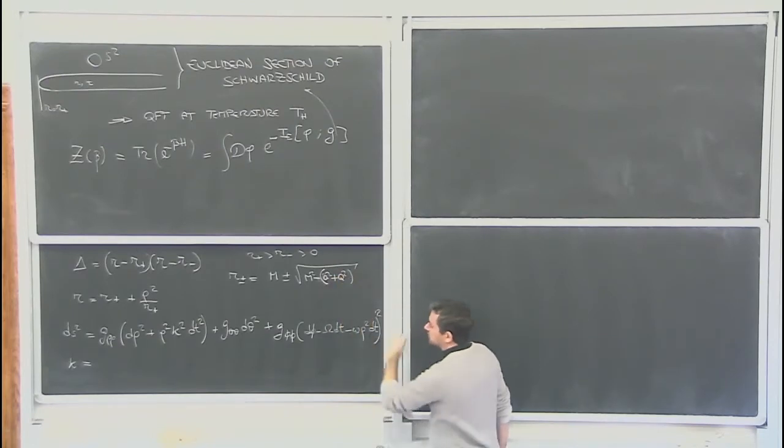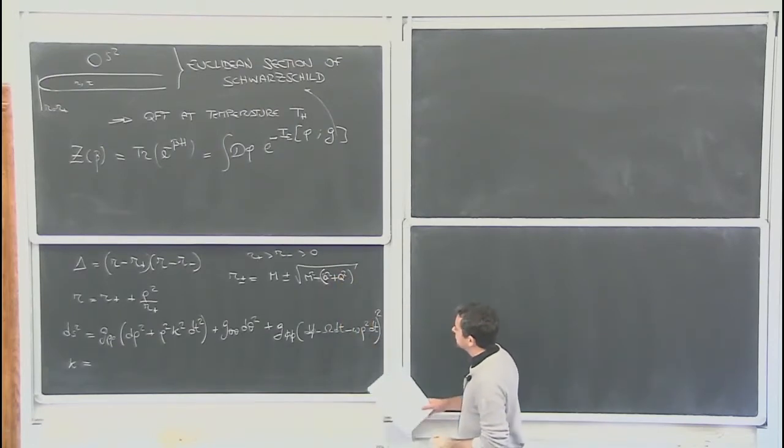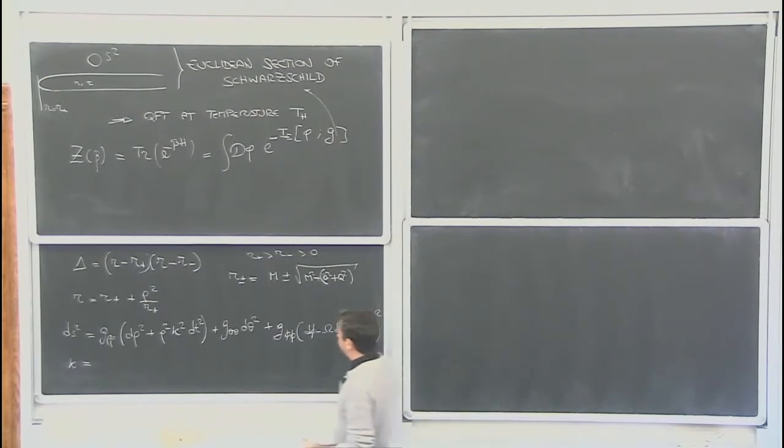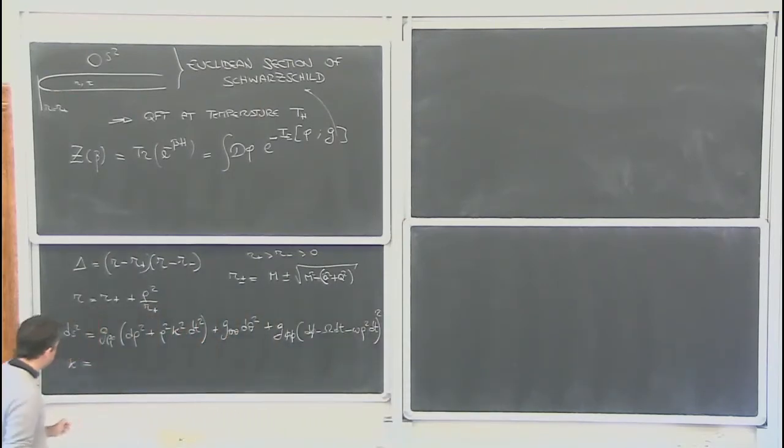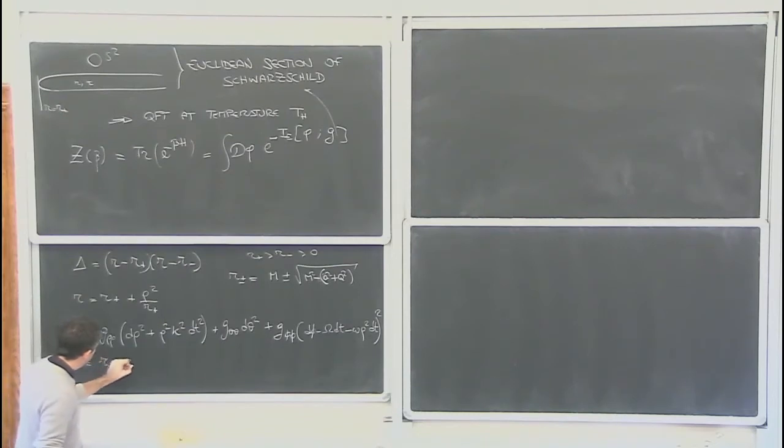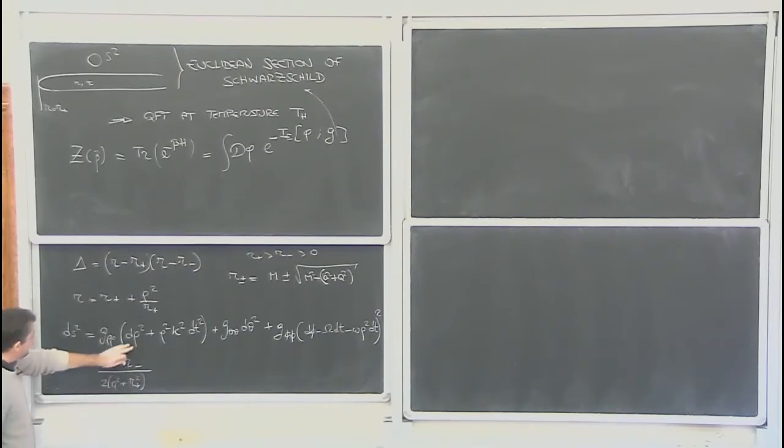Let's set p to 0, I don't want to discuss magnetic charge. I think it was that. So anyway, κ is (r₊ − r₋) divided by 2(a² + r₊²). And so this is as far as this part of the metric is concerned.